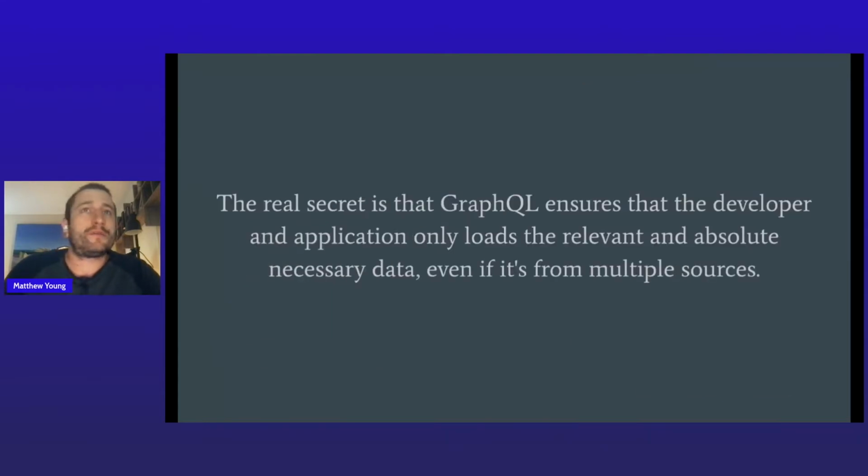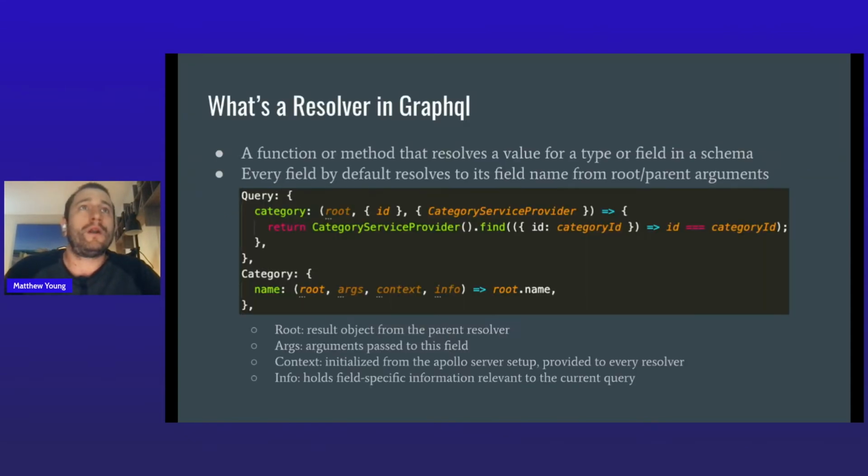I found this, which I really thought is the truth. The real secret is that GraphQL ensures that the developer and application only loads the relevant and absolute necessary data, even if it's from multiple sources. What is a resolver in GraphQL? A resolver is a function or method that resolves a value for a type or field in a schema. Every field by default resolves to its field name from its root parent arguments.